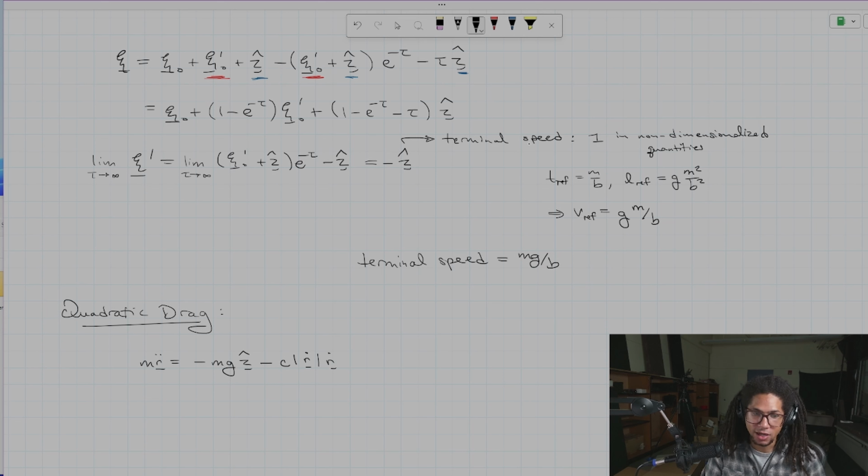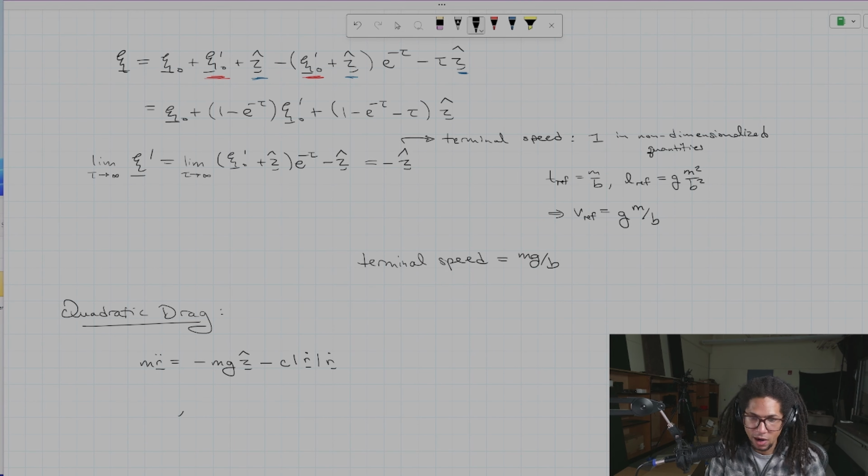Now in this case, the non-dimensionalization is a little trickier. Again, I encourage you, if it ever gets tricky, to try using this dimensional matrix D and solving that way. But just because I want to save some time, I'm going to skip right to the solution.